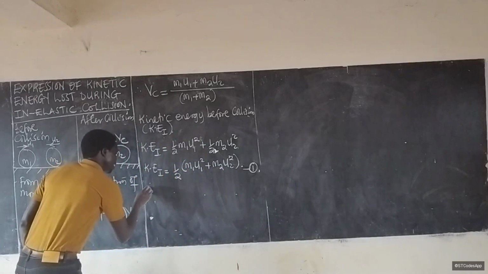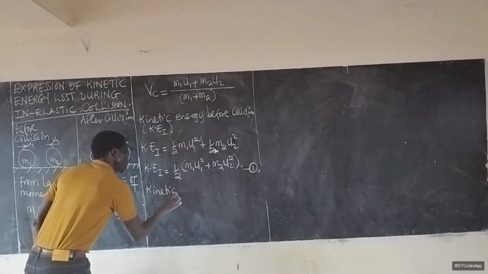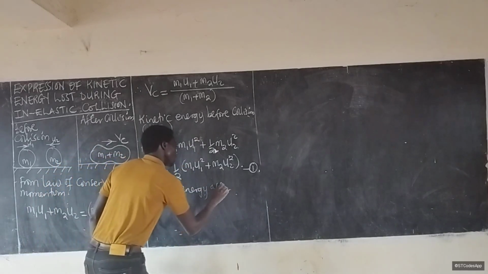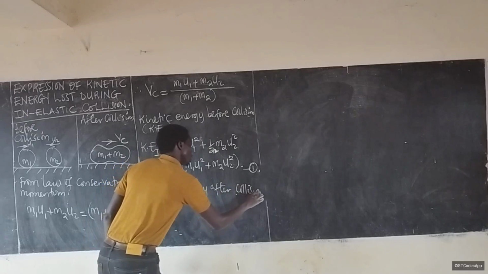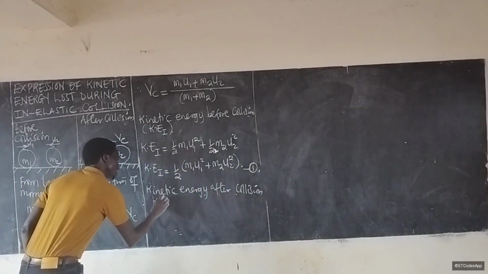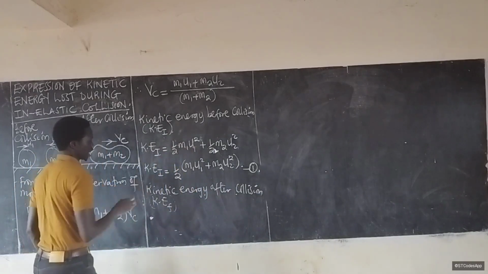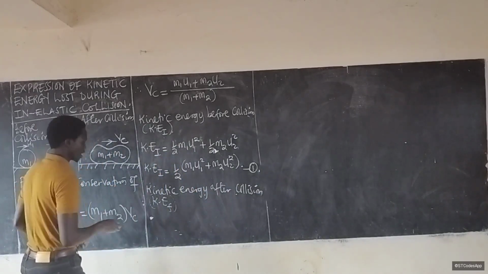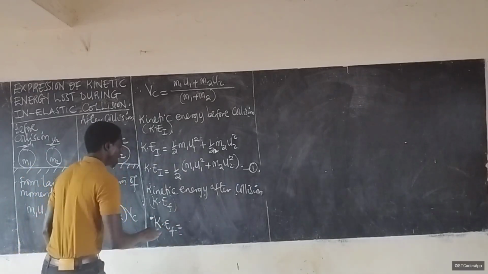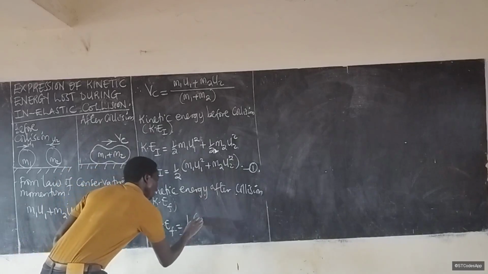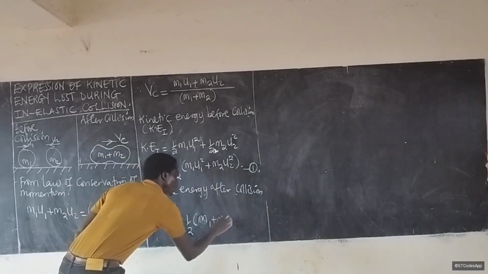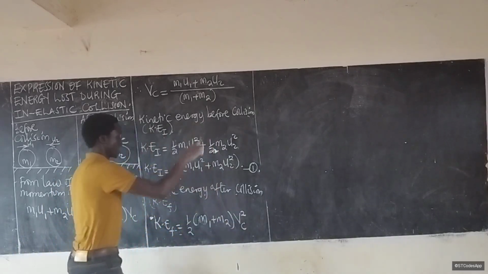Then kinetic energy after collision. How do I calculate it? Kinetic energy after collision, I can call it kinetic energy F, to mean final kinetic energy. So final kinetic energy, K.E. F is got by saying a half, I will have m1 plus m2 times vc squared.